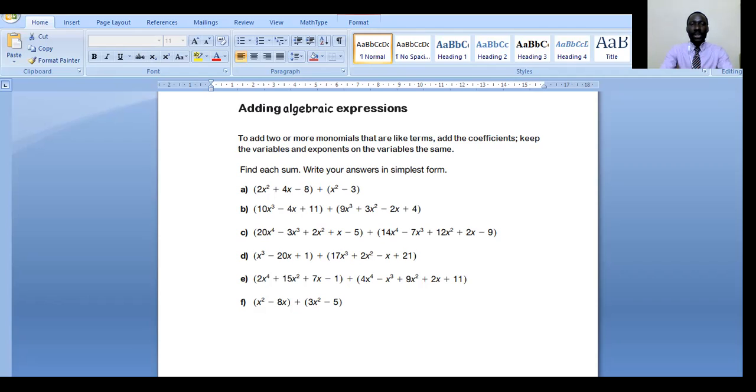So we say to add two or more monomials, that is expressions that each have one term, that are like terms, we add the coefficients and we keep the variable and the exponents, if there is an exponent on the variables, the same.